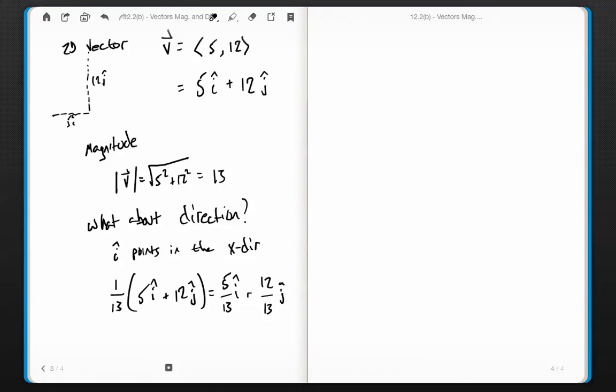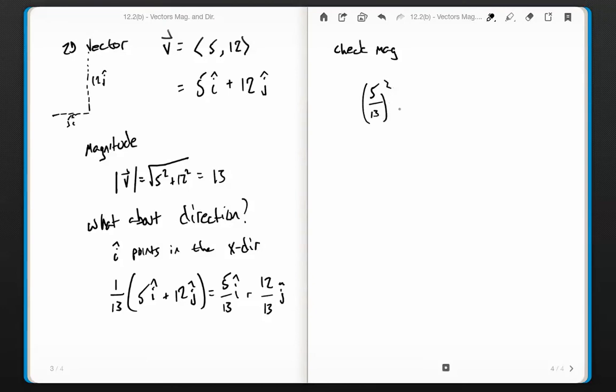Now interesting, it had a magnitude of 13. I scaled it down by 13, so I bet the magnitude now is, so let's check the magnitude, will be the square root of 5/13 squared plus 12/13 squared, which equals the square root of 25/169 plus 144/169, so that's 169/169, which equals 1.